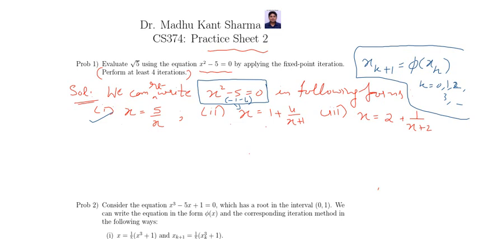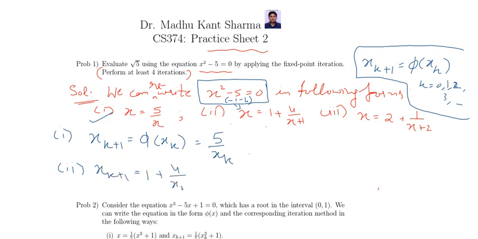The corresponding functional iteration schemes are: for the first case, xk plus 1 equals phi of xk, which is 5 by xk. For the second, xk plus 1 equals 1 plus 4 by xk plus 1. And for the third case, xk plus 1 equals 2 plus 1 by xk plus 2.